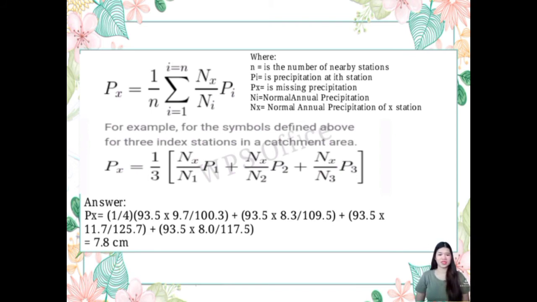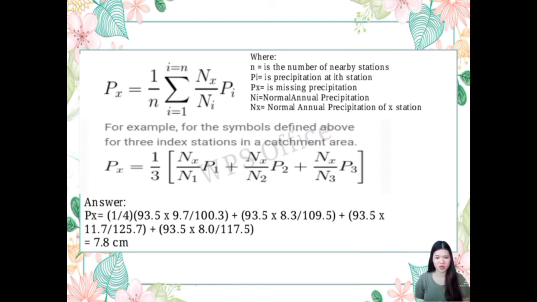So, from Px is equal to 1 over n summation of nx over ni pi, to Px is equal to 1 over number of stations times nx over n1 times p1 plus nx over n2 times p2 plus nx over n3 times p3.